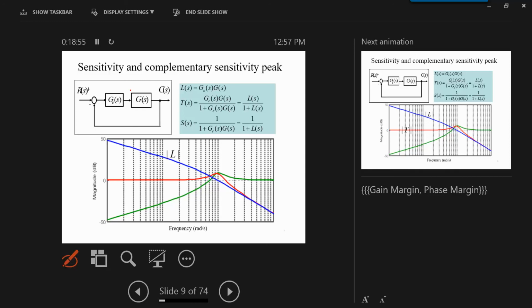So the error over R is 1 minus L over 1 plus L, and if you do this, it is 1 over 1 plus L. So this is the error transfer function for a unity feedback system. This is how the error behaves.